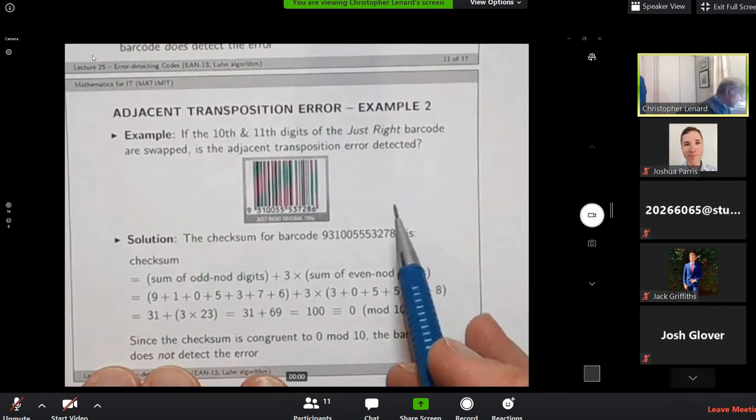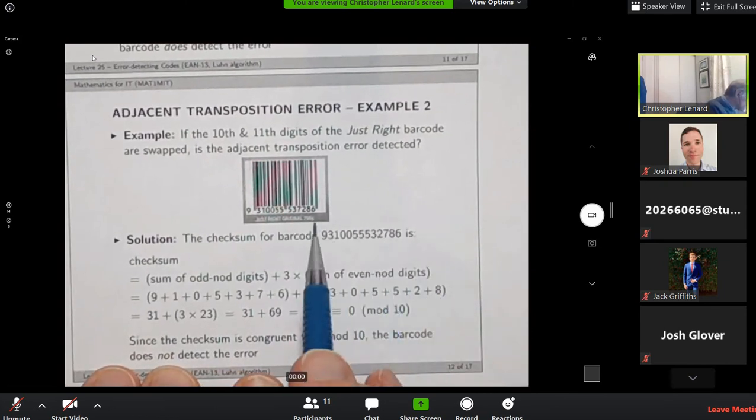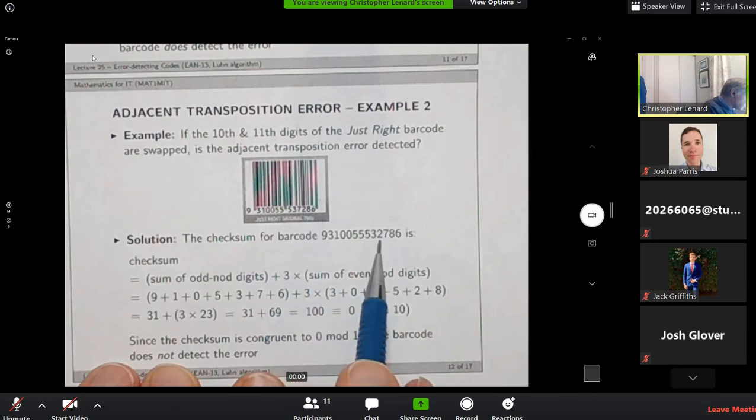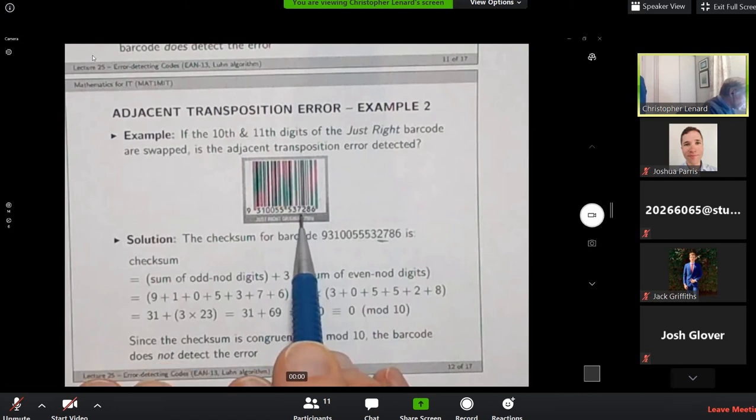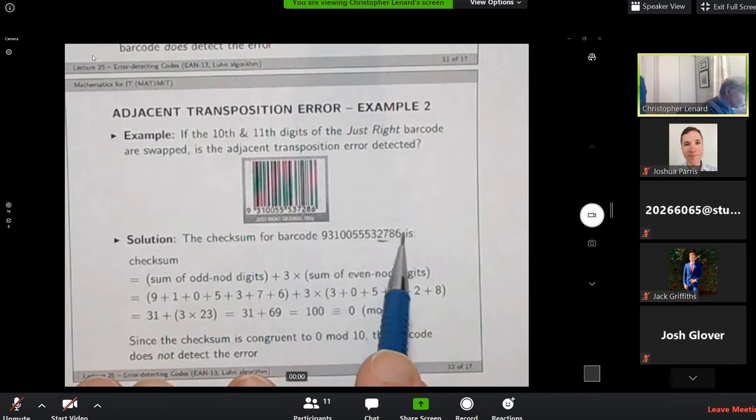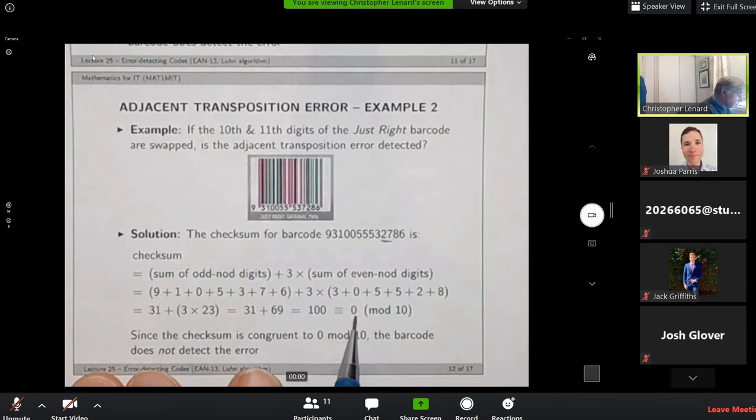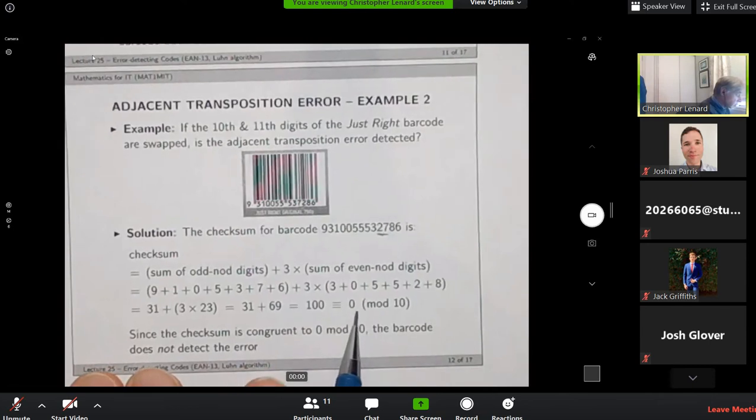So if we take the 10th and the 11th, so we've got 7 and 2. If you swap the 7 and 2 to 2, 7, so a transposition error there, and apply the checksum formula to this, you end up with something which is a multiple of 10.